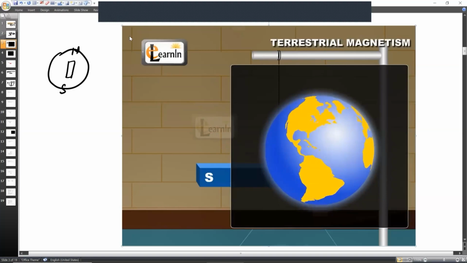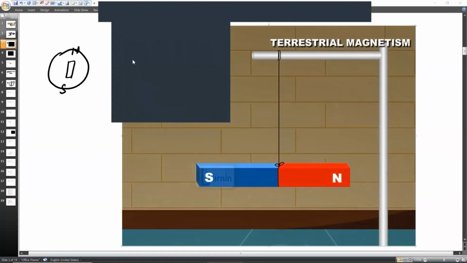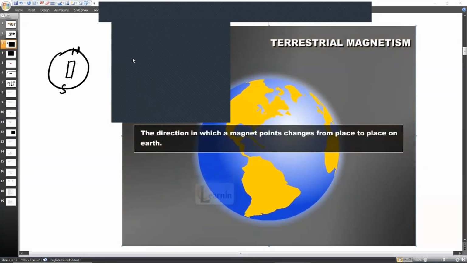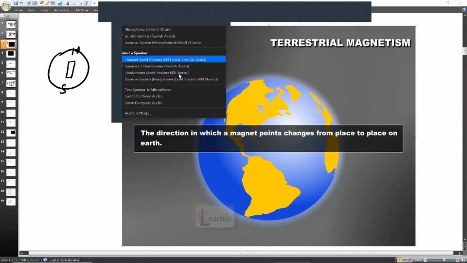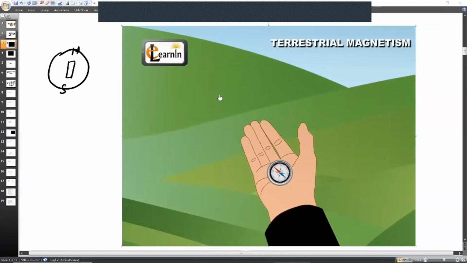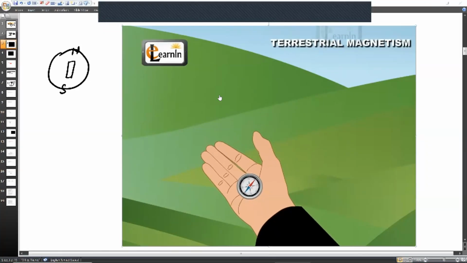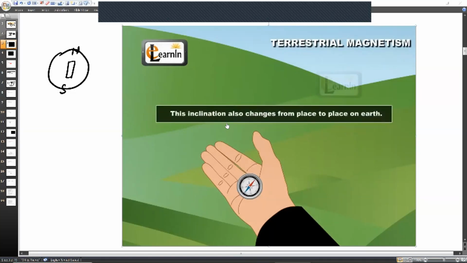This is also known as the directive property of a magnet. The direction in which a magnet points changes from place to place on Earth. Similarly, when a magnetic needle is pivoted at its center and allowed to move in a vertical plane along its north and south, it does not remain horizontal but remains inclined to it. This inclination also changes from place to place on Earth.